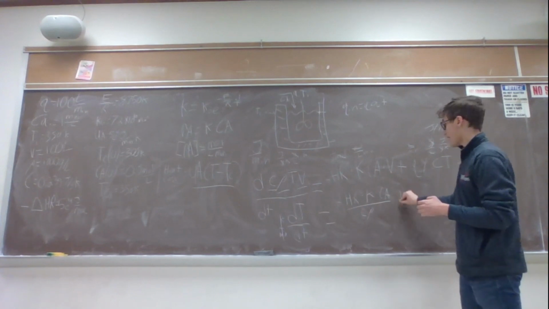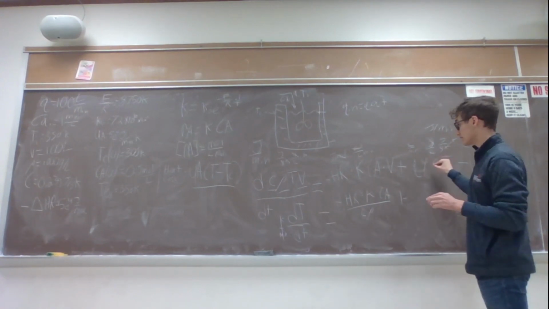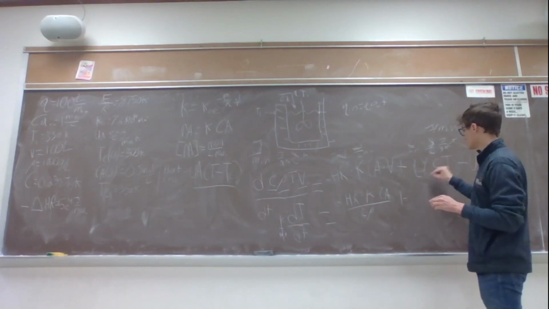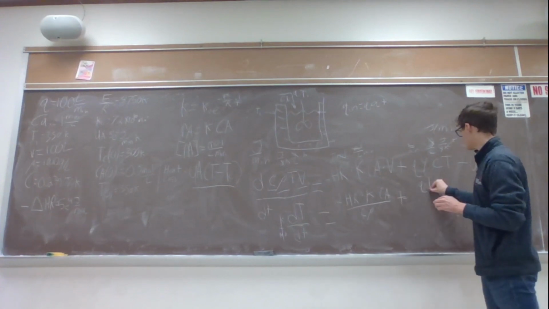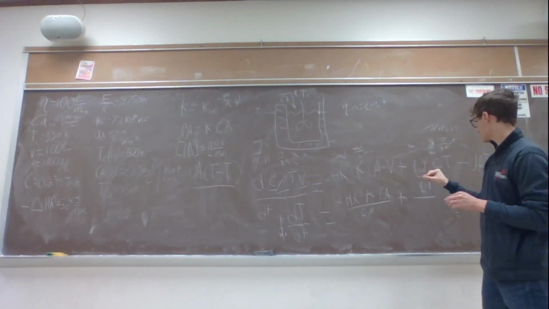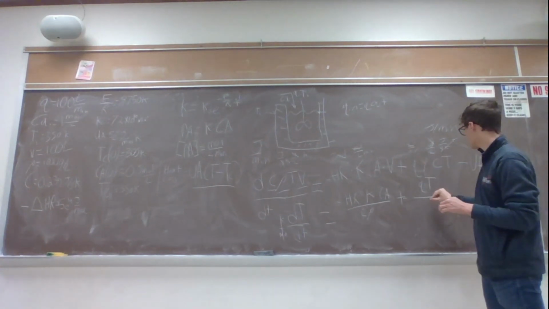The next bit has rho in it. Okay, we're good there. It has C in it, and so we're good there. So it's going to be plus Q T over C. C cancels and rho cancels, and the only other thing we're dividing by is volume.